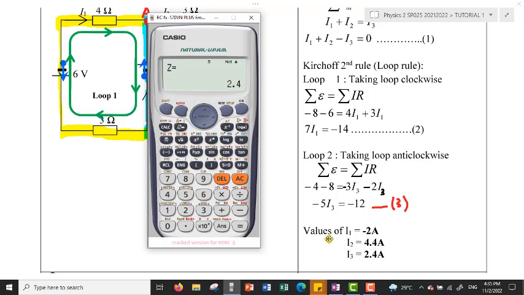So we will get I1 is negative 2 ampere, I2 is 4.4 ampere, and I3 is 2.4 ampere.